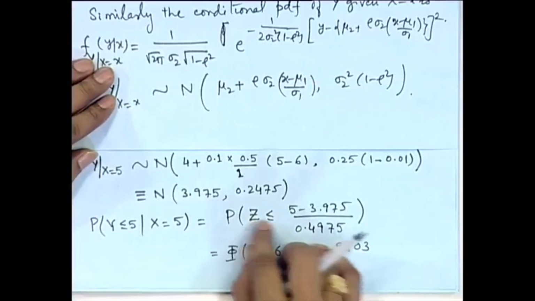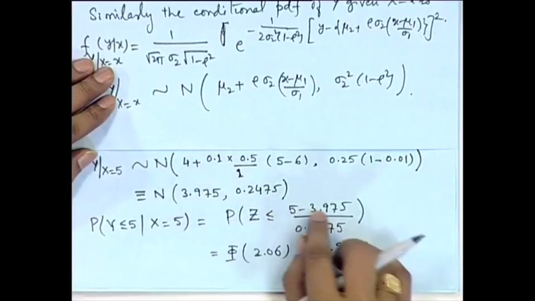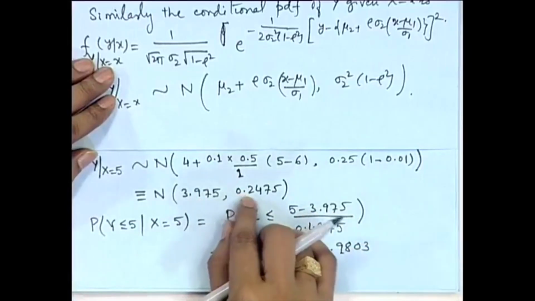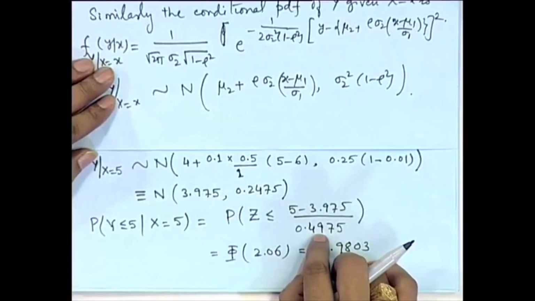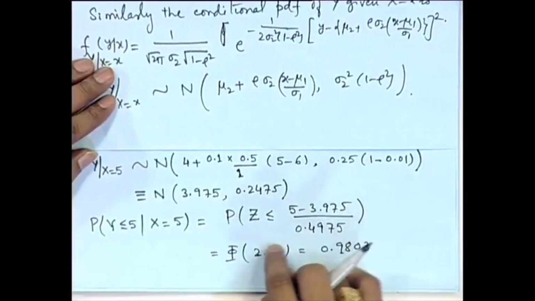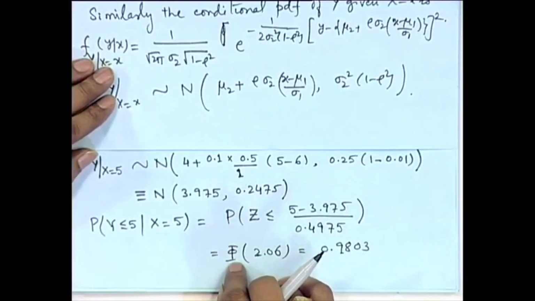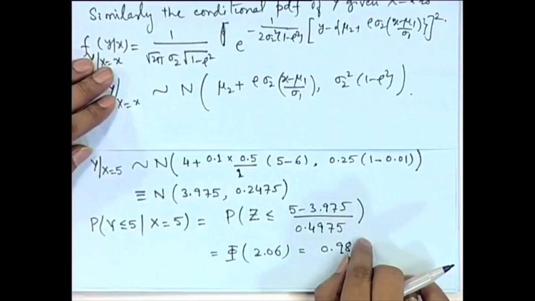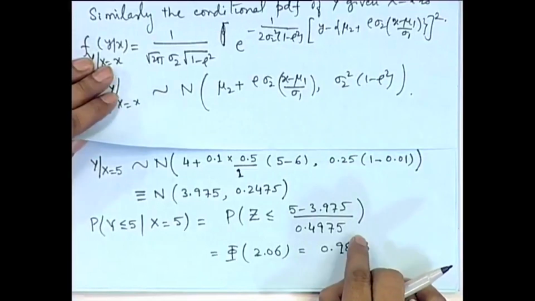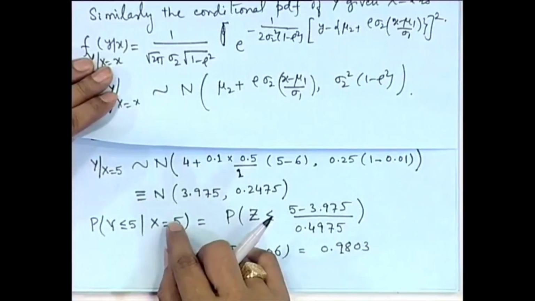So, it is z less than or equal to (5 minus 3.975) divided by square root of this, that is 0.4975. After simplification it turns out to be phi of 2.06, which is 0.9803, which is quite a high probability, but that is understandable because in January there is more rain.